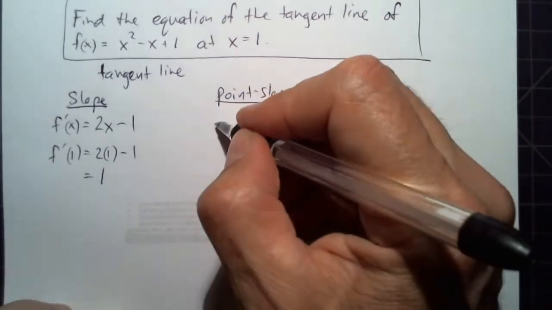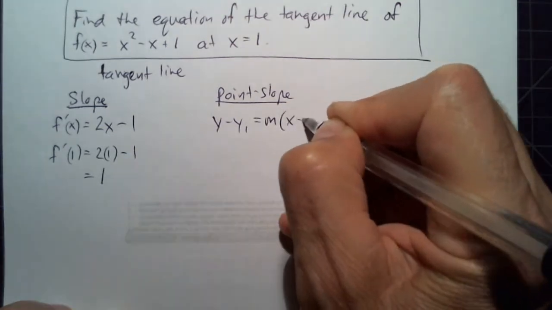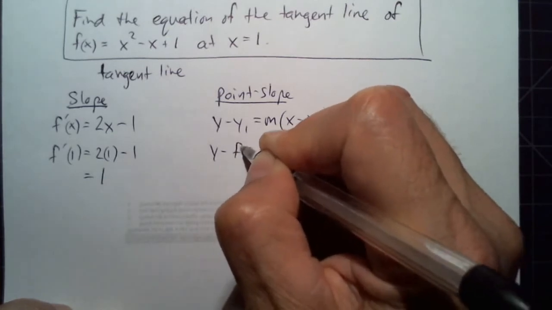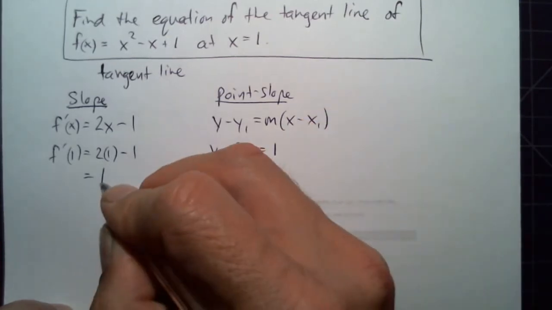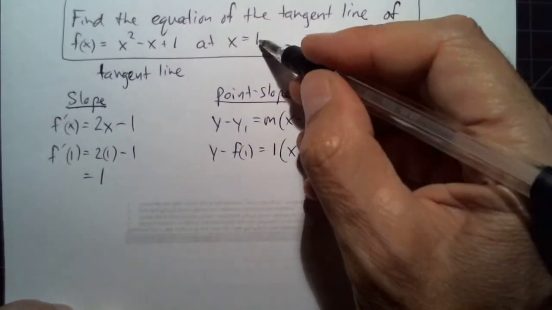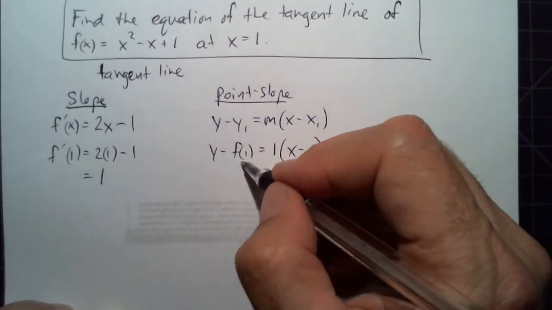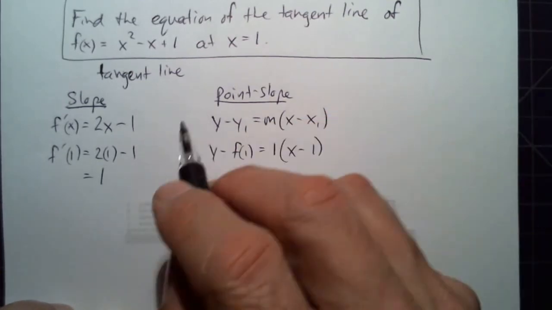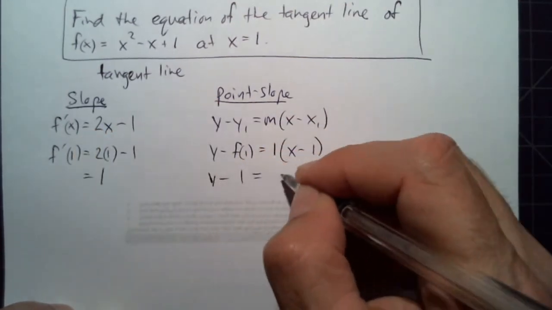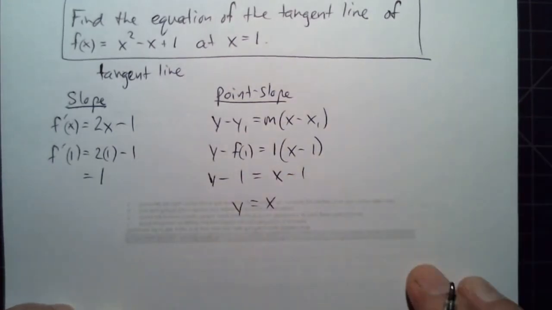So that could look like this. y minus y1 equals m times x minus x1. y minus, this is going to be f of 1, slope is 1, x is 1, so this x value goes there, the slope goes there. We do need to find f of 1, and if you put a 1 here and a 1 there, the value is 1. y minus 1 equals x minus 1. Add 1, and we get y equals x.